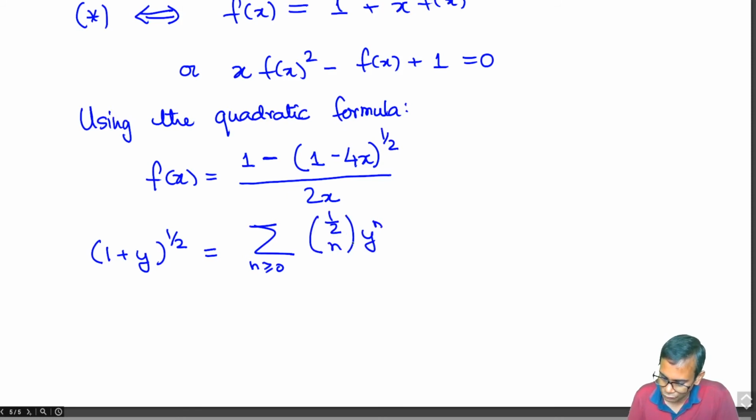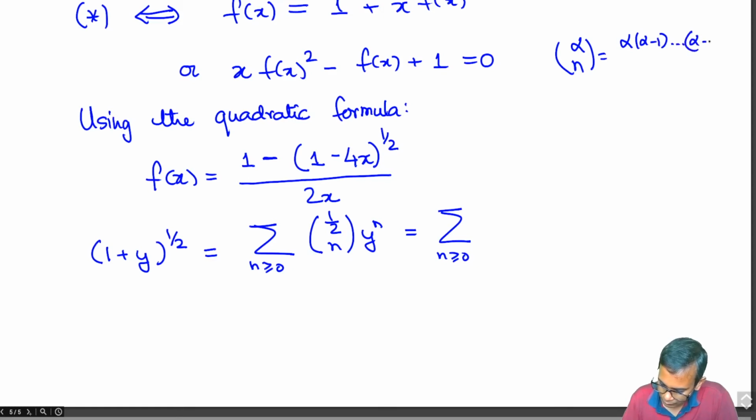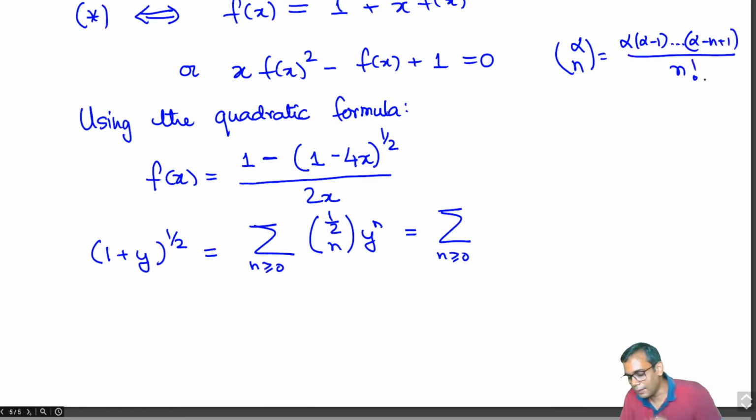By half choose n, what I mean is, if I say alpha choose n, I mean alpha times alpha minus 1 and so on up to alpha minus n plus 1, divided by n factorial. So for this, you don't need alpha to be an integer. Alpha can even be a formal symbol, and so certainly half choose n makes sense.